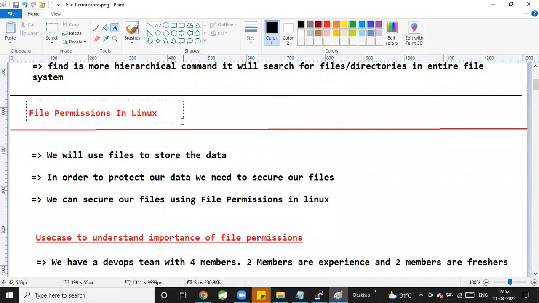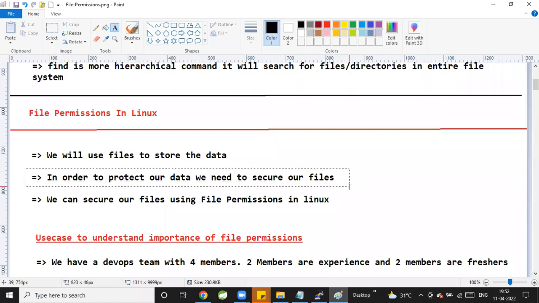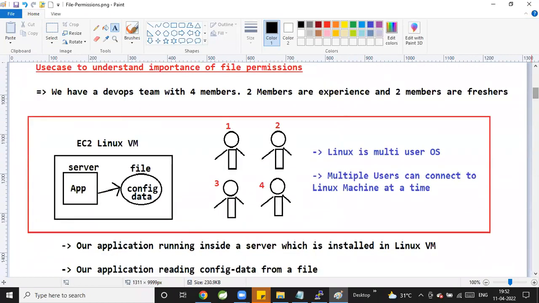File permissions in Linux. Generally, we use files to store the data. In order to protect our data, we need to secure our files. We can secure our files using file permissions in Linux. I have given one use case to understand why we should deal with file permissions. 4 people are working on the same machine.